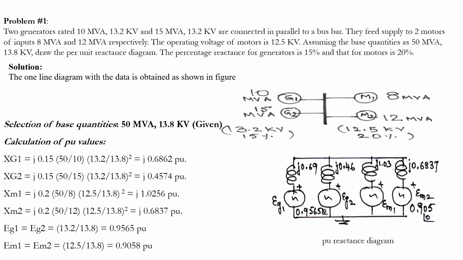Similarly, find it for the motor. This is how, for the given data, a single line diagram is drawn, and from this we have calculated the reactance for generators and motors, and also the per unit voltage values for the generator and the motor. With this, let me stop and we will see the next topic in the next video.